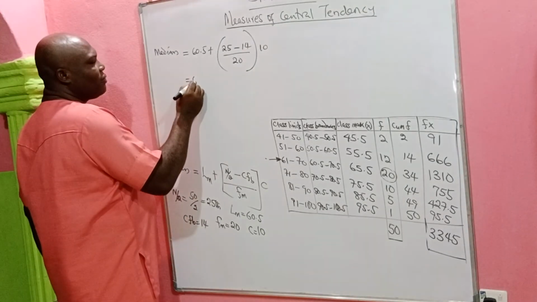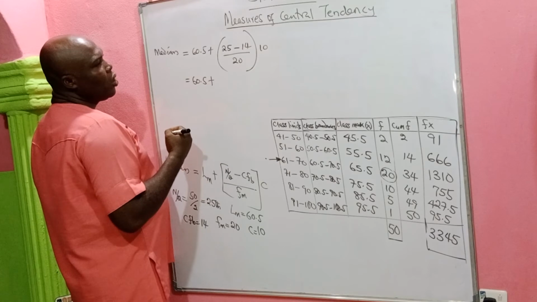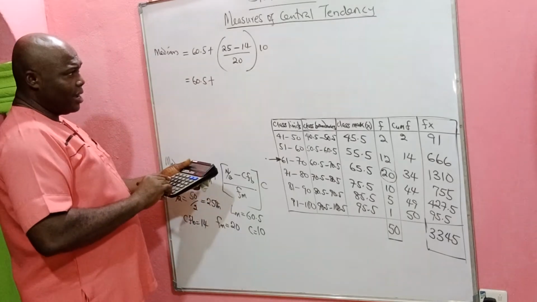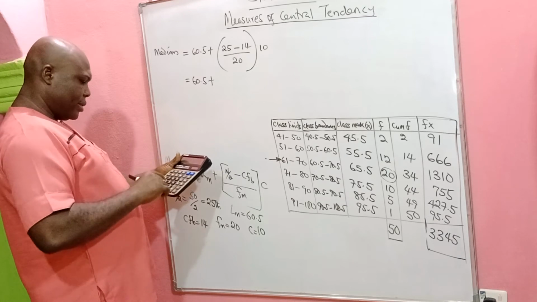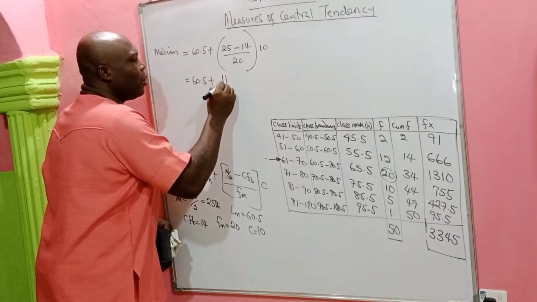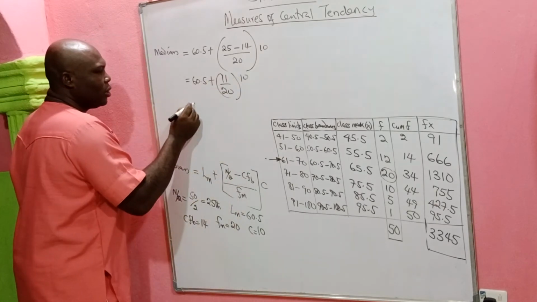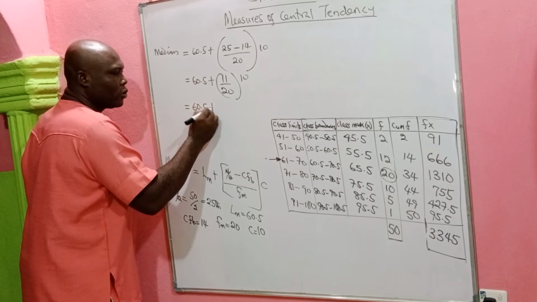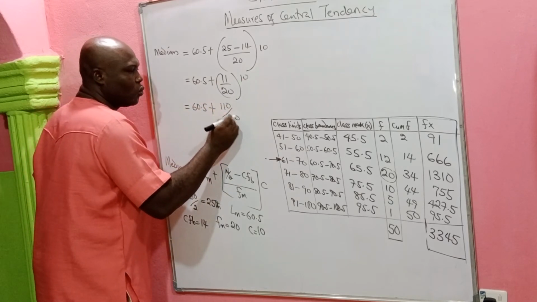So we have 60.5 plus 25 minus 14. 25 minus 14 is 11. So we have 11 over 20, and then we times by 10. So we have 60.5 plus 11 times 10, which is 110, divided by 20.